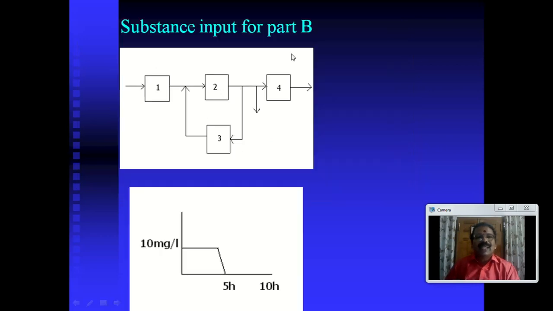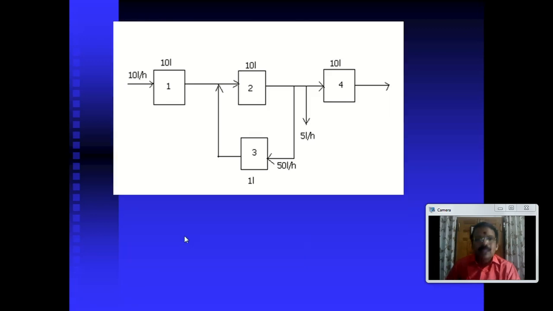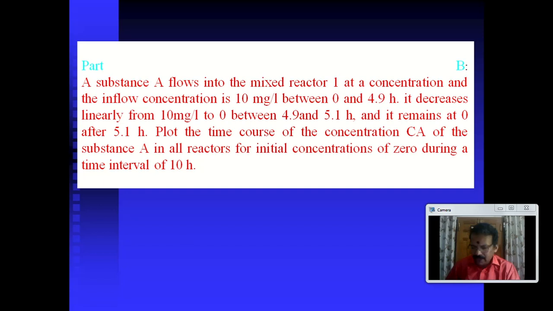Then the substrate input for part B. We can plot the process occurring, that is, we are allowing the substrate entering into the tank for a time period of 0 to 4.9 hours.